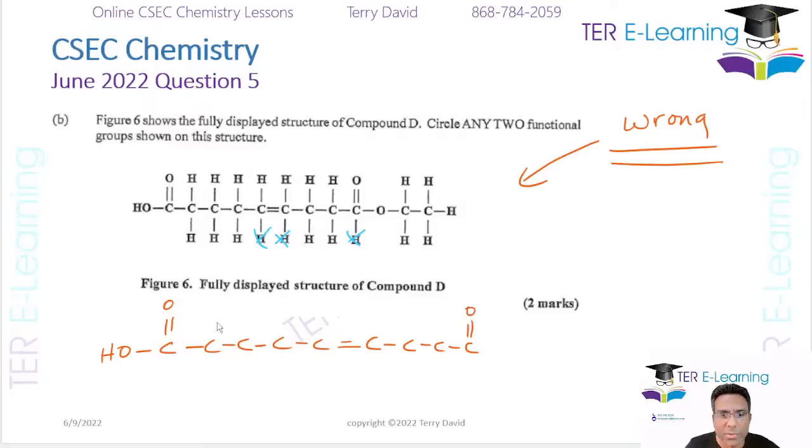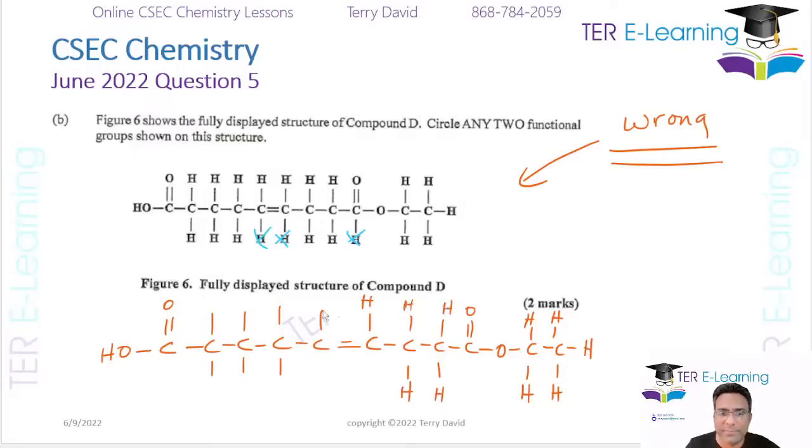Then you have O, and you have C, C. So this is what the structure should have been. This is the structure that CXC should have given me.